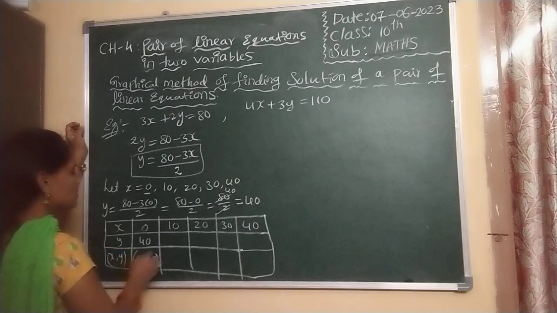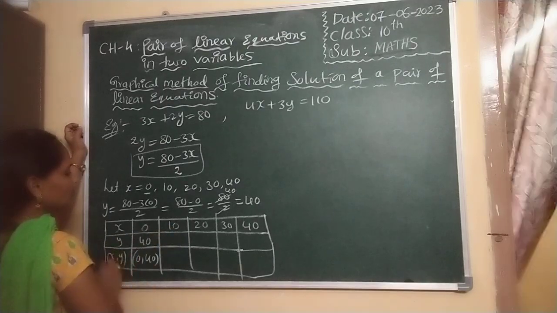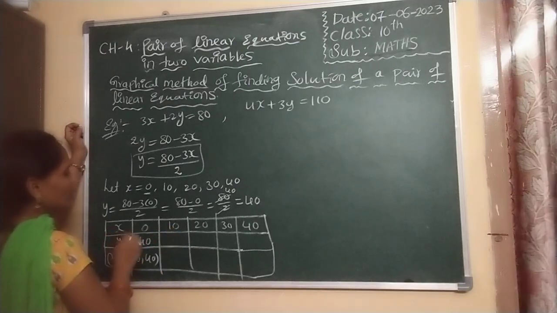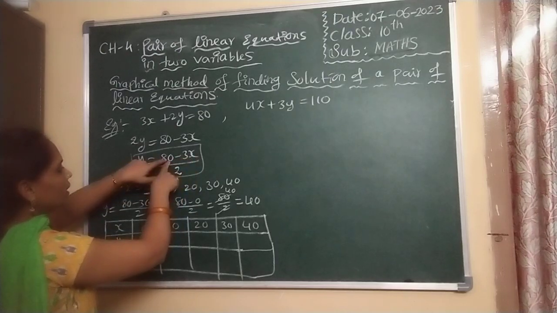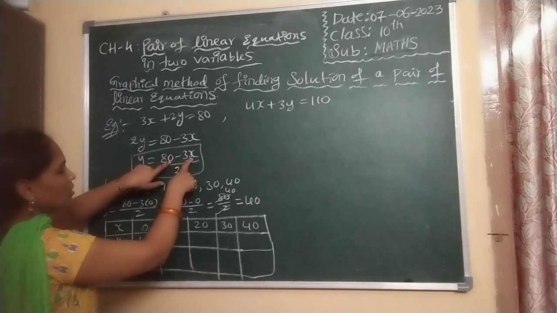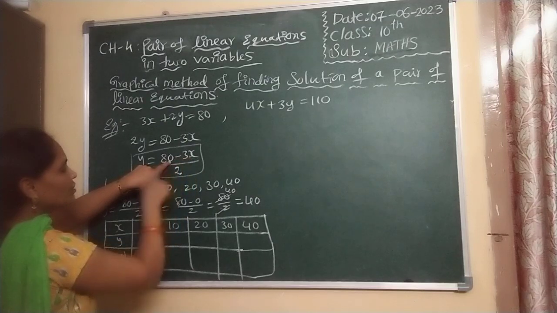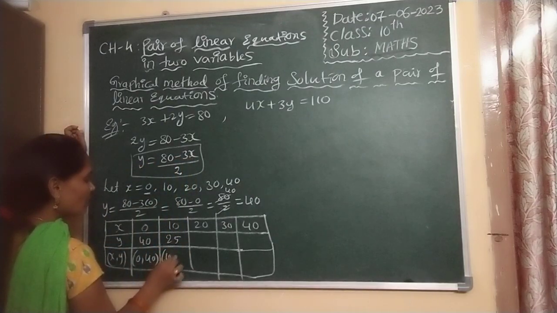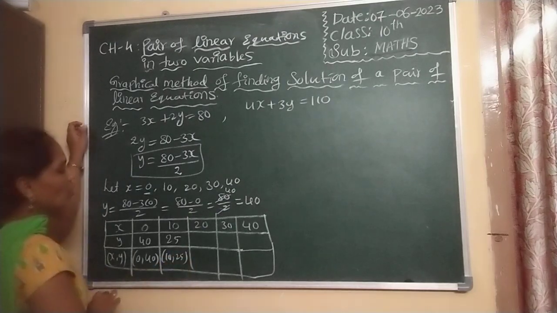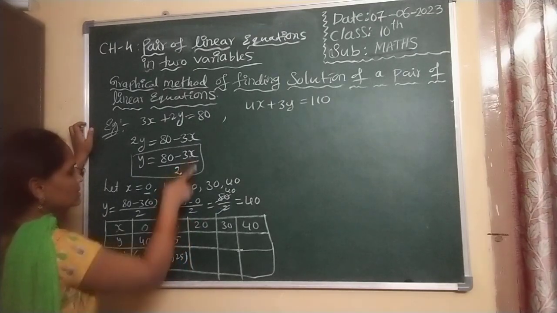Understand? Next, 10. If you substitute 10, 3 tens are 30. 80 minus 30 is 50. 50 by 2 is 25. So 10 comma 25. Next, x is equal to 20.